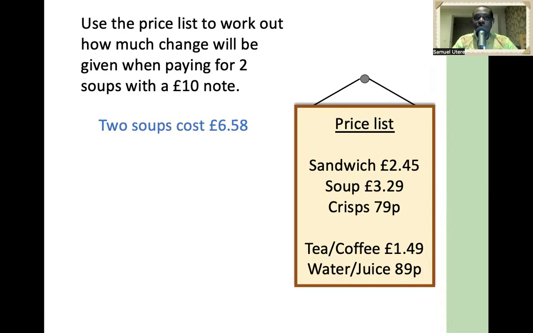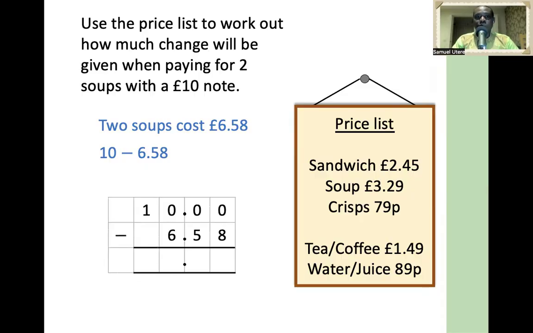Once we get that value, we can now subtract it from 10. Now, 10 is an integer, so to be able to make sure that the place values line up, we need to put a decimal point after the 10, and we need to use zeros as the placeholder. So this is the correct way of representing the solution.